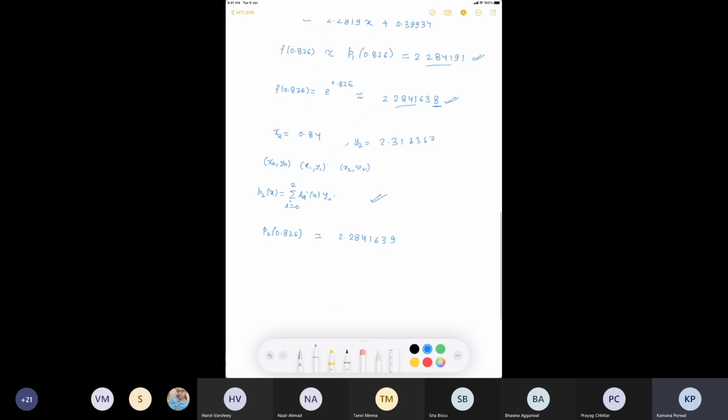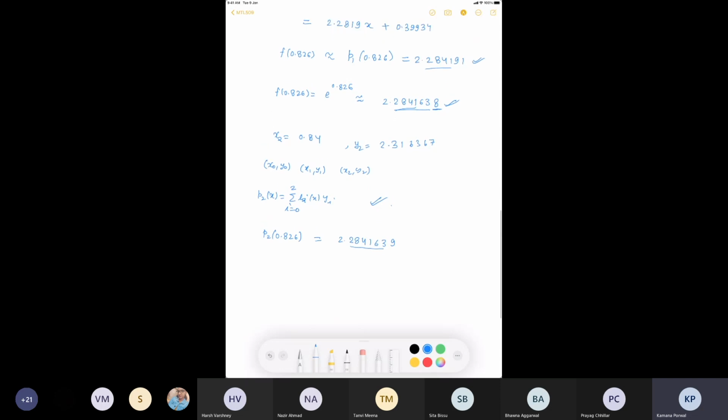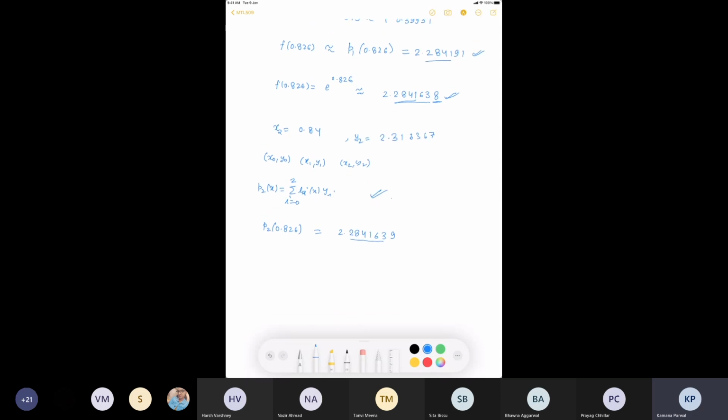So you can see that after the decimal, you have six digits which are the same as the exact value of the exponential of 0.826. This means that as we increased the number of data points, and thereby the degree of the polynomial approximating f(x), we got a better approximation.